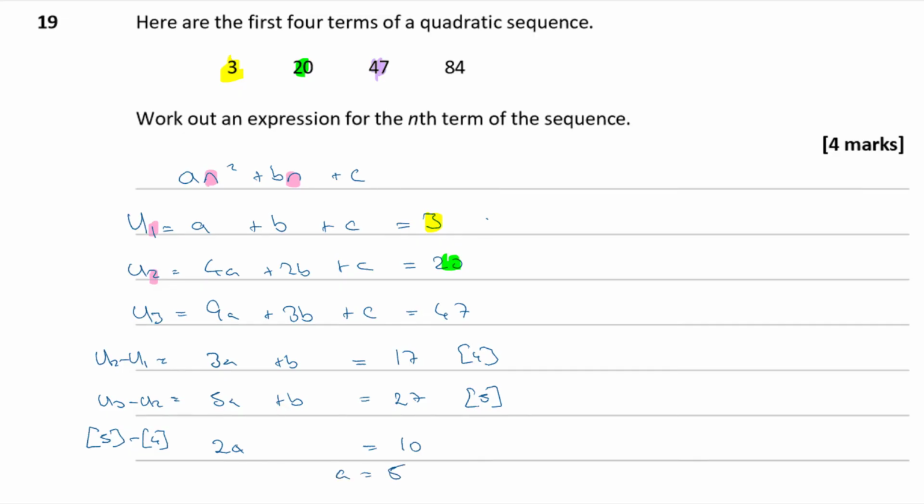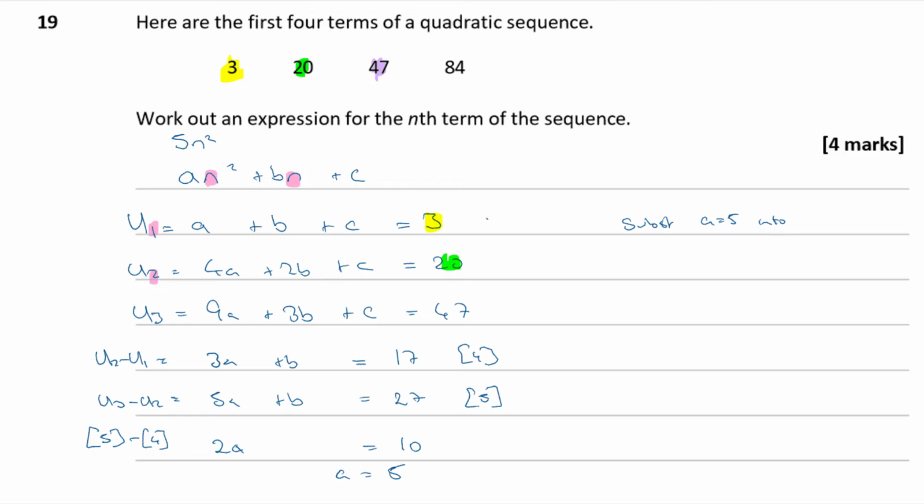So I now know the first term of my expression. Because I know a is 5, I know I've got 5n squared. So I just need to find b and c now. Now I know a, I can sub that back into one of my middle equations, which has got a and b in it. So substitute a equals 5 into either equation 4 or 5.